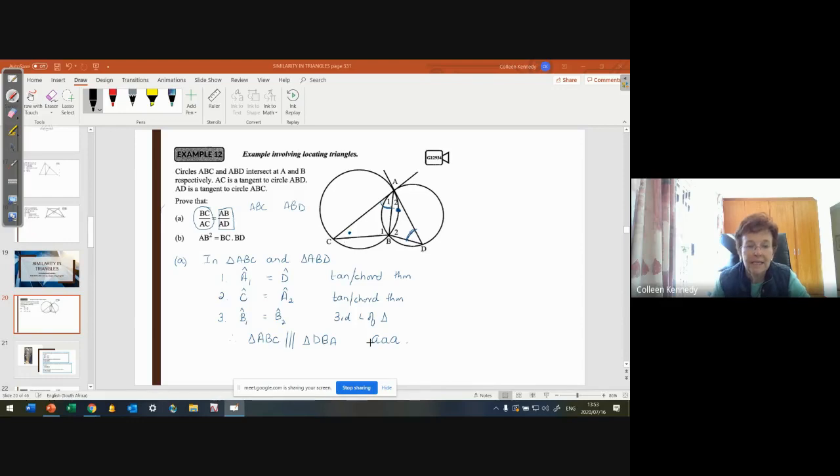Now you can easily get your ratios right to answer the first question. Therefore BC over AC, second and third over first and third, is going to give you AB over AD. Same thing, equiangular triangles. So all that they've taken away is the scaffolding.